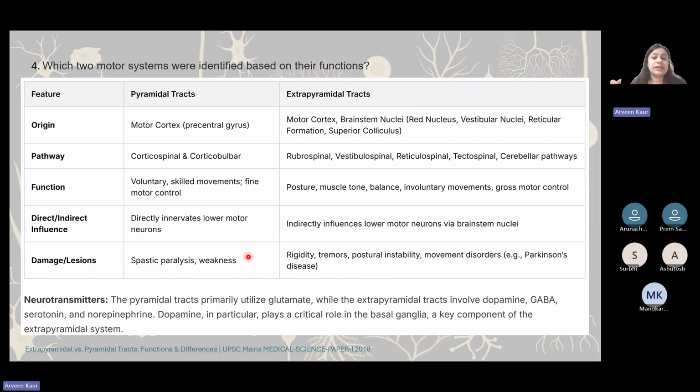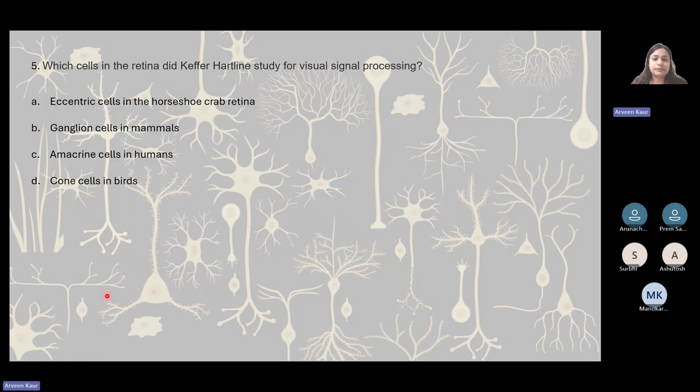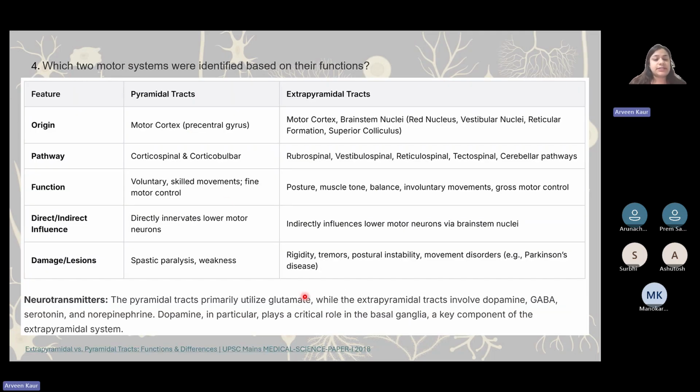For involuntary responses, a lot of these neurotransmitters are required. And dopamine, for instance, is a key neurotransmitter that gets affected in Parkinson's disease also. That is why Parkinson's is mentioned as a side effect of extrapyramidal tracts getting affected.